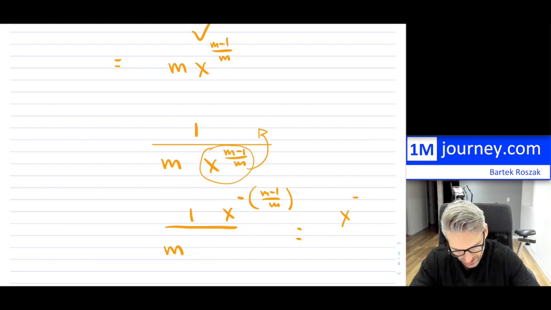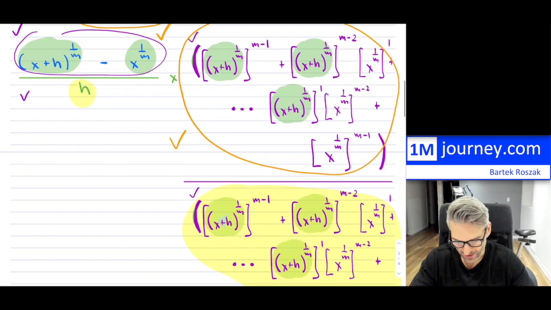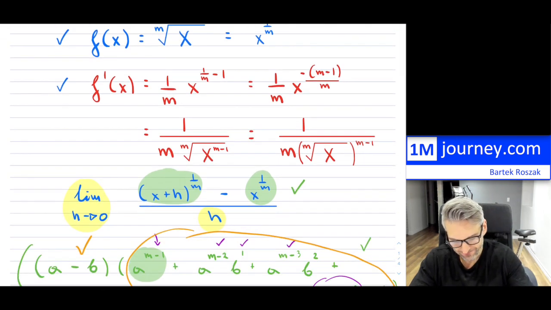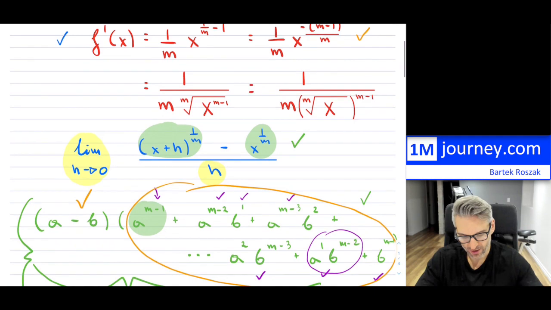If you massage this out, that's x to the negative m plus 1, all over m, like so. If I go all the way back here, was this exactly what we had? Notice this is indeed what we had: 1 over m, x to the negative m minus 1 over m, or you can write it like this or like this.